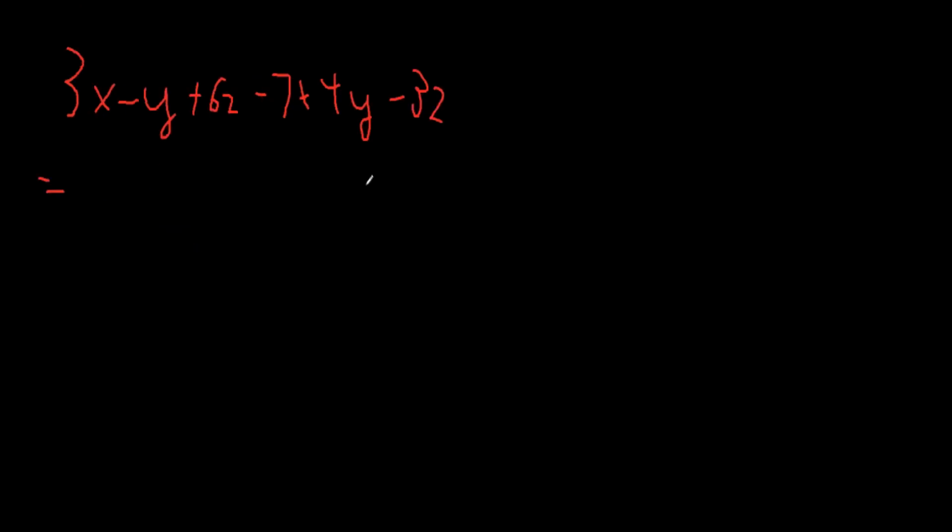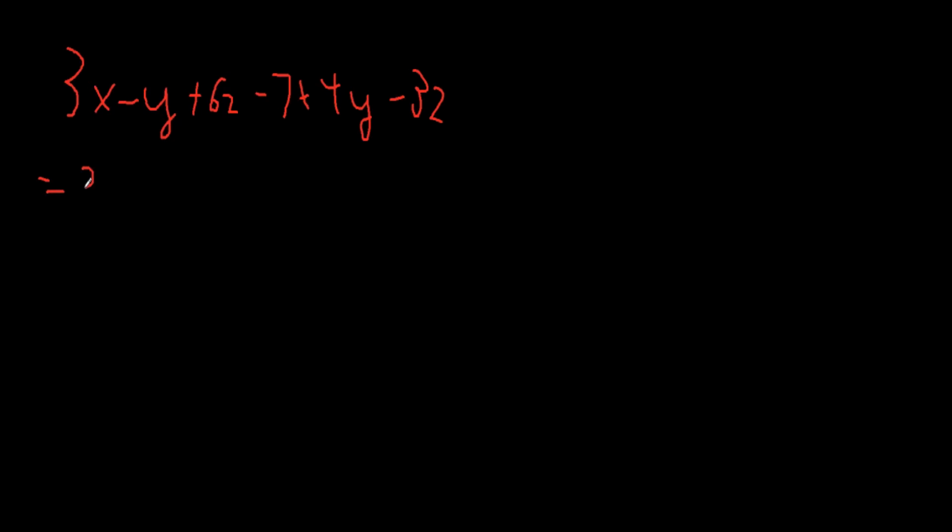Our last example of this video deals with a lot of terms, and we have to use the same strategy where we basically combine our like terms. If we look at each term, here we have 3x minus y plus 6z minus 7 plus 4y minus 3z. Looking at our first term, we have 3x, and there are no other like terms here because no other term has the variable x.